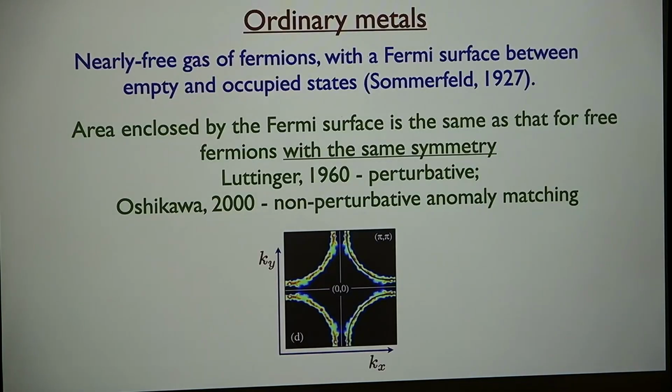As I mentioned in my first lecture, there's the Luttinger theorem from 1960, which says that the area of the Fermi surface is that of free fermions with the same symmetry. Now, Oshikawa put this on a non-perturbative footing. Today, we'd say some kind of anomaly matching argument. There's an anomaly associated with global charge conservation and translation that you can compute exactly for any system.